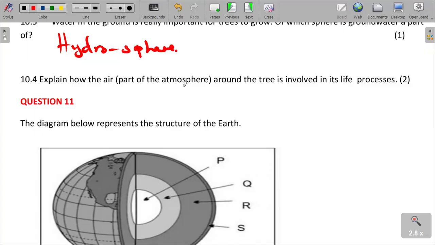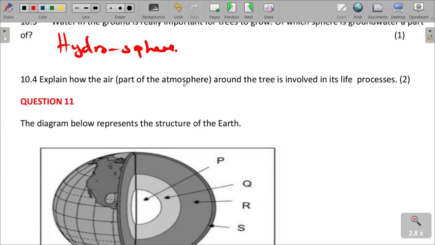Explain how the air part of the atmosphere around the tree is involved in its life process. We are talking about the air in the atmosphere supporting the life of a plant.